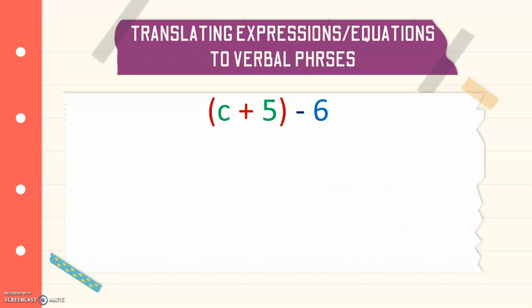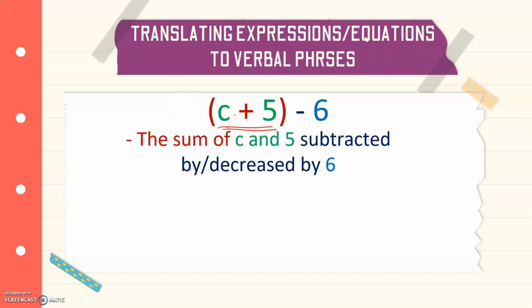Then, last one, we have c plus 5 minus 6. Take note that c and 5 are grouped together. So that means it should be simplified first. And to make sure that it will be simplified first, we have to use the keyword the sum of.